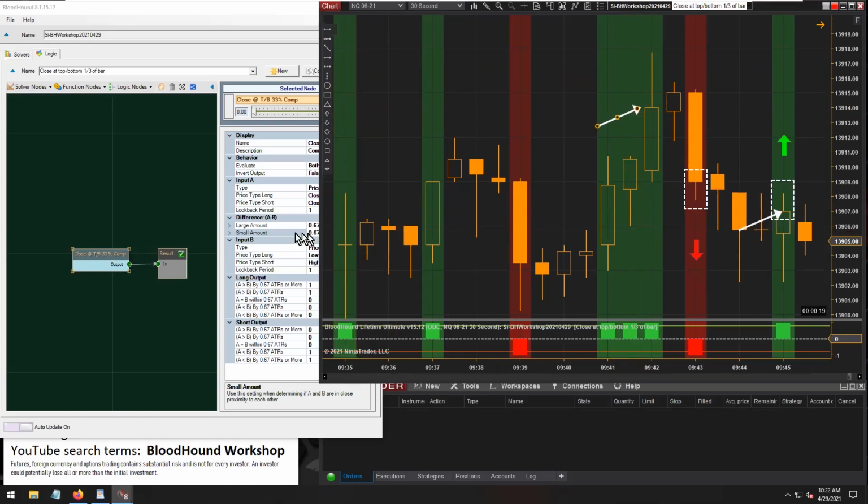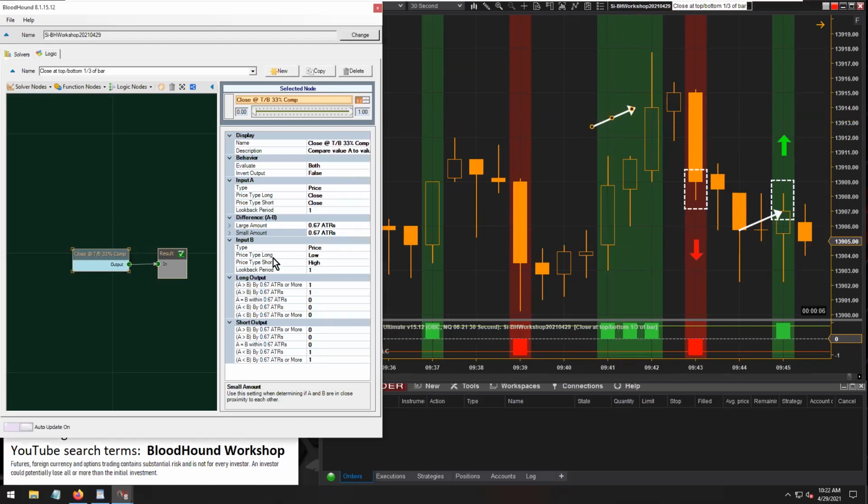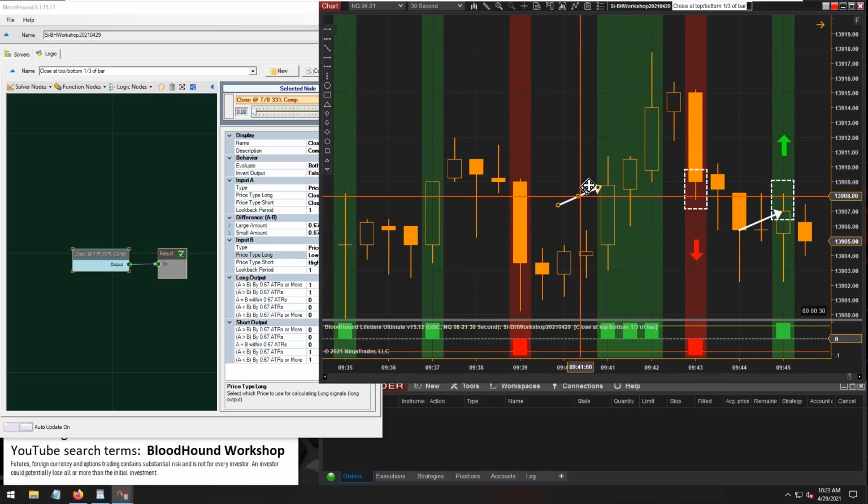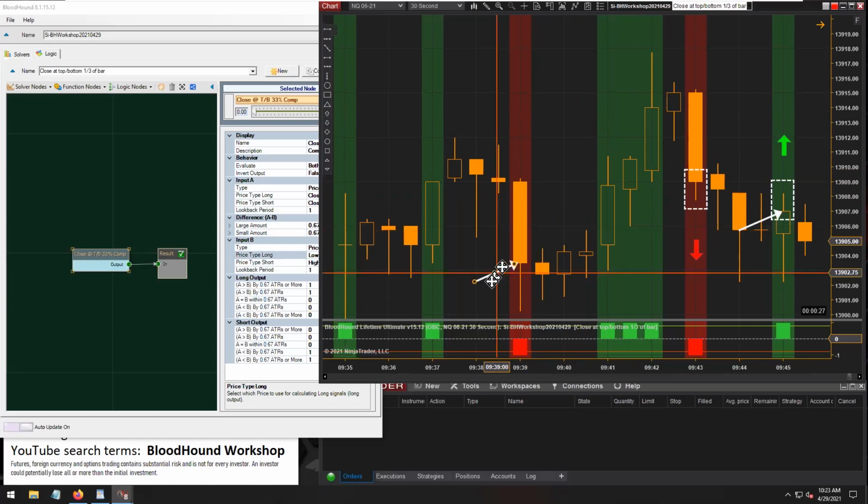That's how you can properly find if the close is within the top third of that bar length.